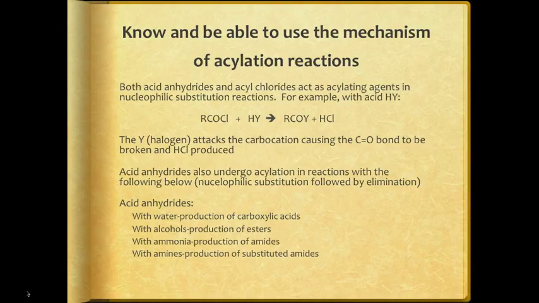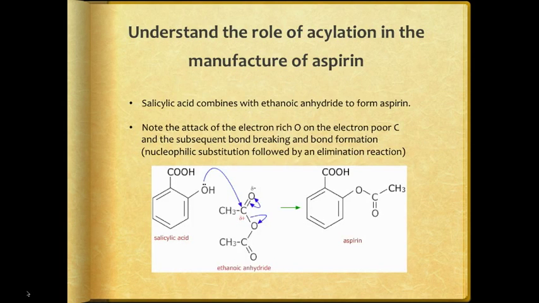Acid anhydrides work with water to produce carboxylic acids. Acid anhydrides work with alcohols to produce esters. Acid anhydrides work with ammonia to produce amides, and acid anhydrides work with amines to produce substituted amides.